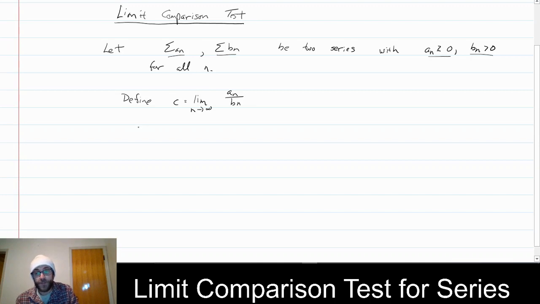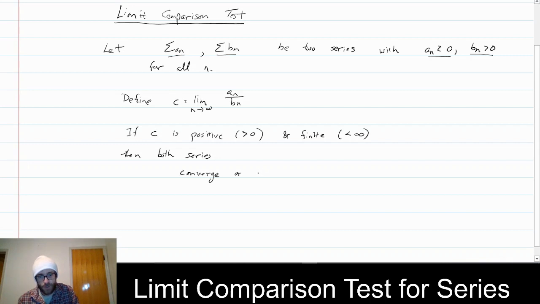For our limit comparison test, we have that if c is positive and finite, remember positive means greater than 0, and finite means it's less than infinity, then both series converge or diverge.